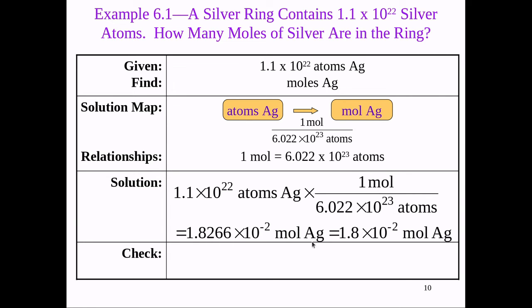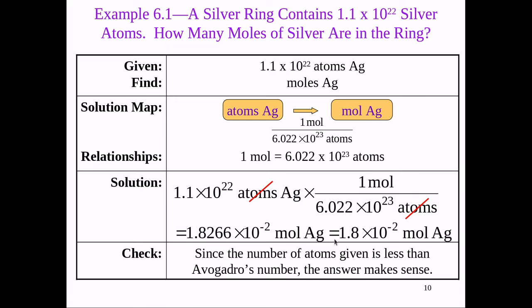We end up getting this number when we type it into the calculator, but we were limited to 2 sig figs by this number here, so we round it to 1.8 times 10 to the negative 2 moles of silver. If we pay attention to our units, we see that we canceled our atoms and we were left with moles. And our final unit has moles, and we can put a little label of silver there so that we know what moles we're talking about.